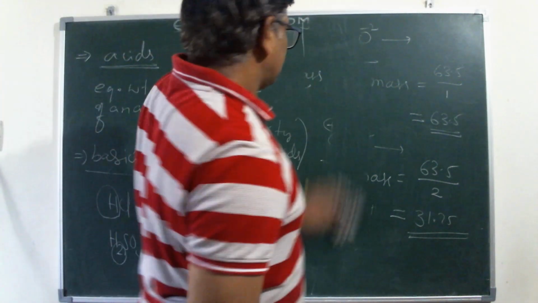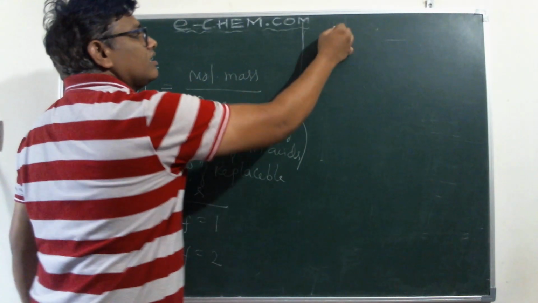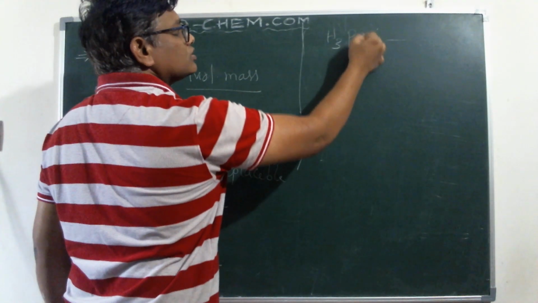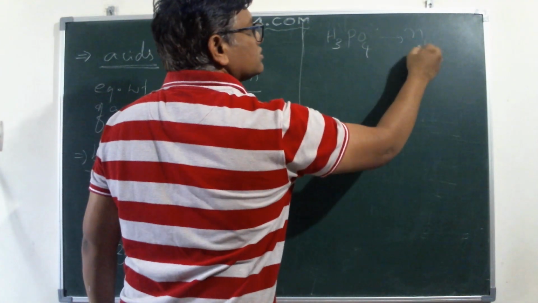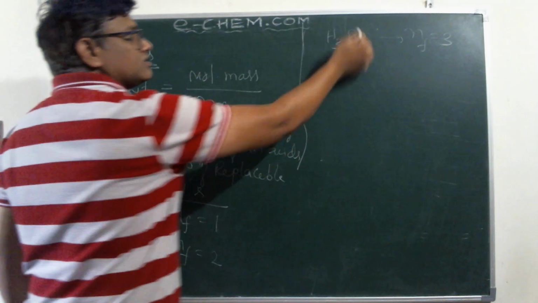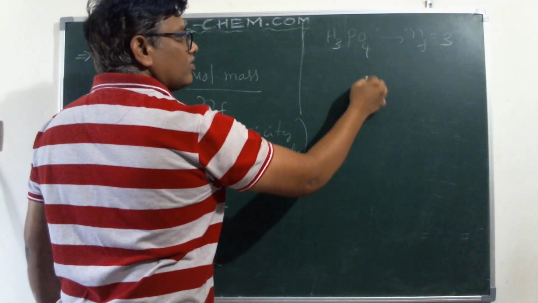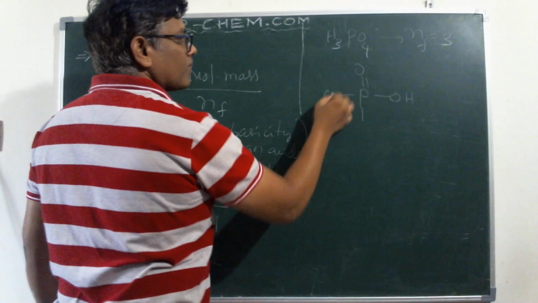Suppose the acid being taken is H3PO4, orthophosphoric acid. The n factor for this is taken as 3. Why? Because this compound can have 3 polar OH groups, and the structure could be written like this.